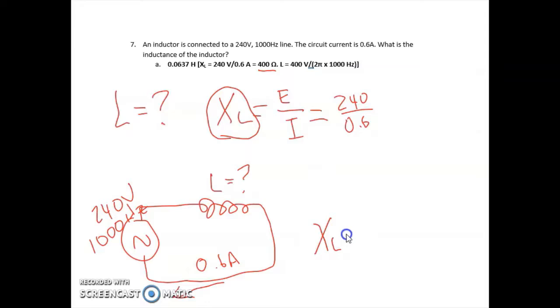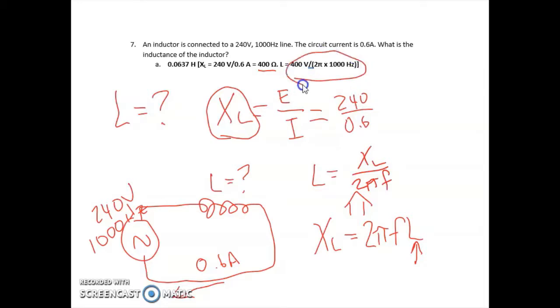We need to do a little bit of algebra. We know this is the formula for inductive reactance, but we're looking for inductance. So I'm going to rewrite the formula up here, solving for inductance equals X sub L over 2 pi f. And if you do that math, we get a final answer of 0.0637 henry.